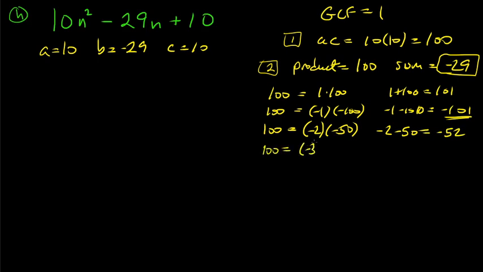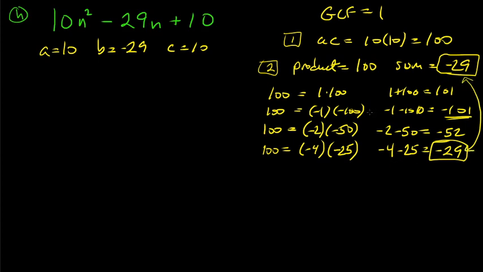Can we divide by negative 3? Not evenly. Can we divide by negative 4? Sure. Negative 4 times negative 25 is positive 100, and negative 4 minus 25 is negative 29. That's what we're looking for. That's our match.